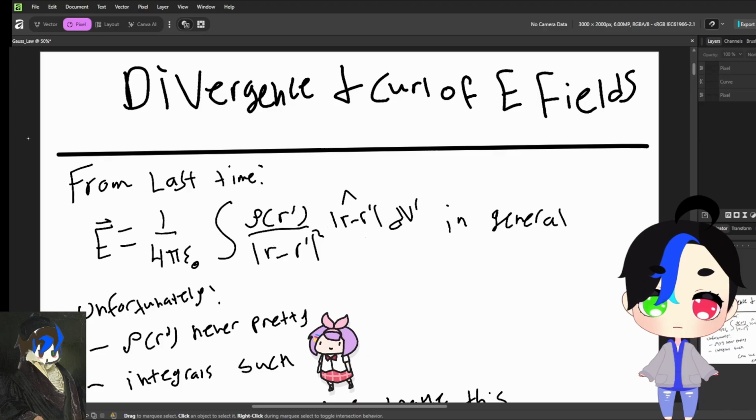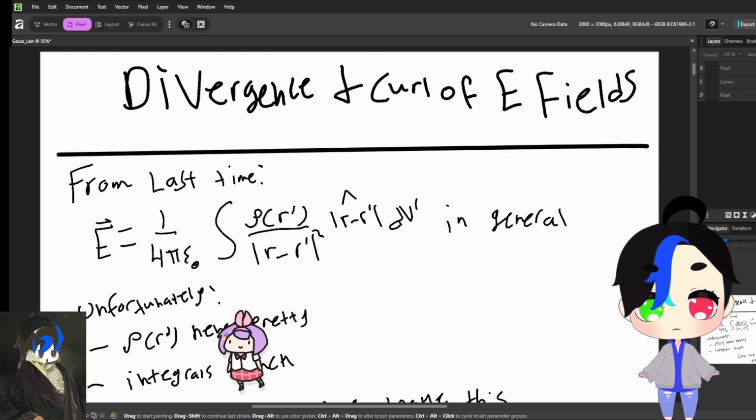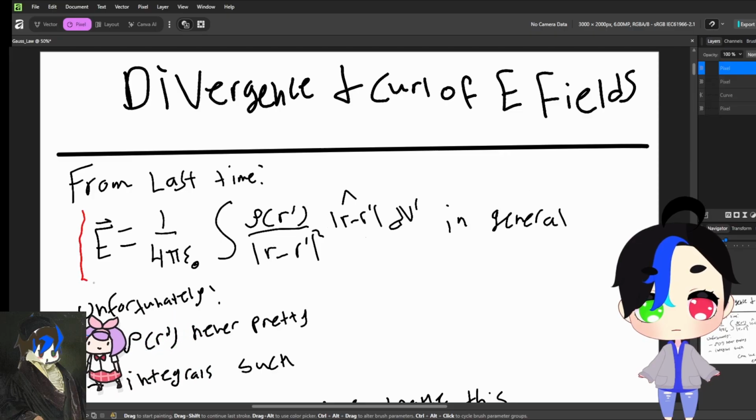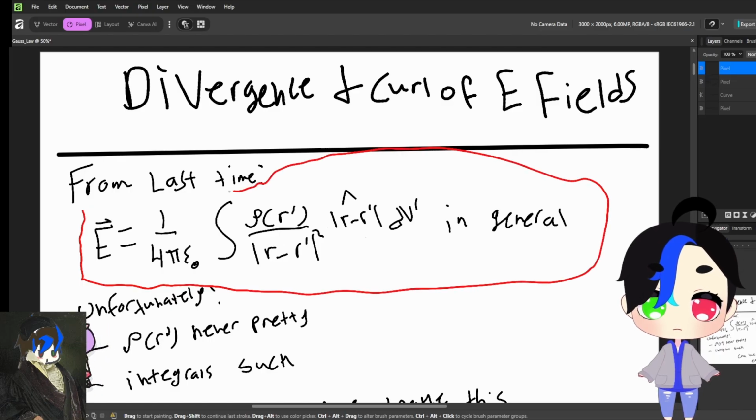And so last time we found this formula for calculating the electric field. Hang on, I want to use red. There we go. We found this formula for calculating, in general, the electric field of some arbitrary charge distribution.